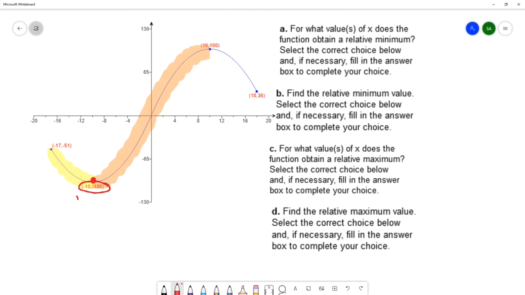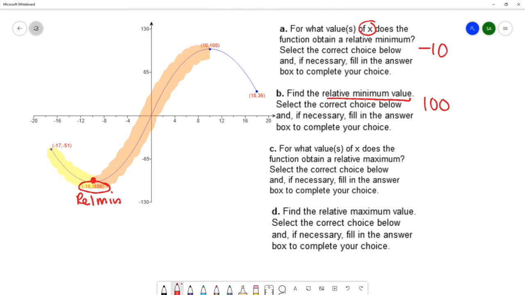So we have a relative minimum at this point, -10, -100. So the value of x, where the relative minimum occurs, is -10. Then we want to find the relative minimum value, and the relative minimum value will be the y value of 100.